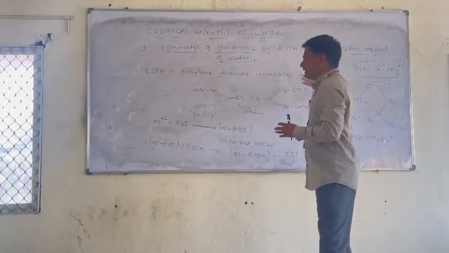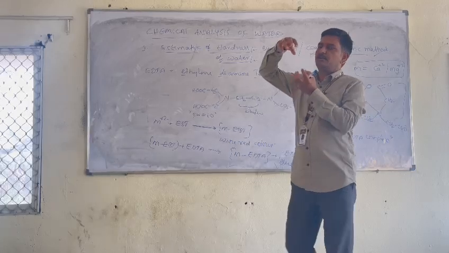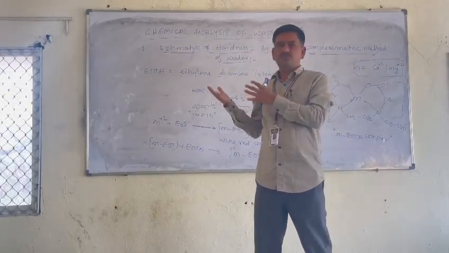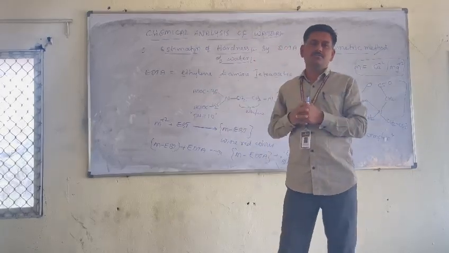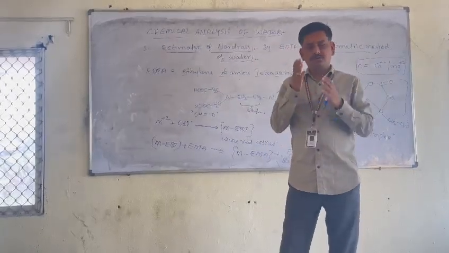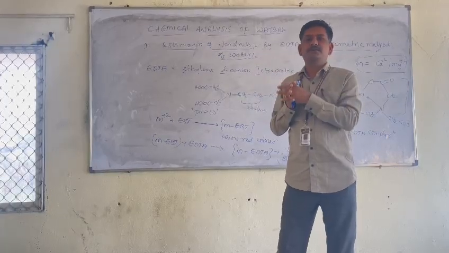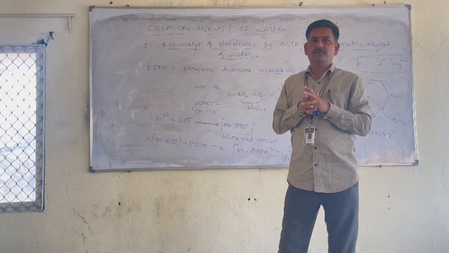By calculating values from the burette reading, as we add EDTA solution from the burette, we get V1, V2, V3, and from these EDTA volumes we estimate the total hardness, temporary hardness, and permanent hardness present in the given water sample. Okay, thank you.